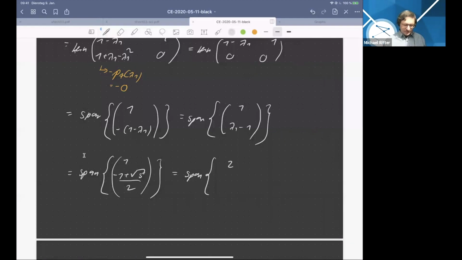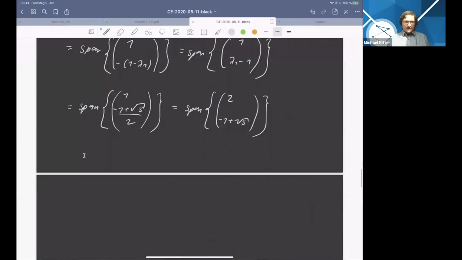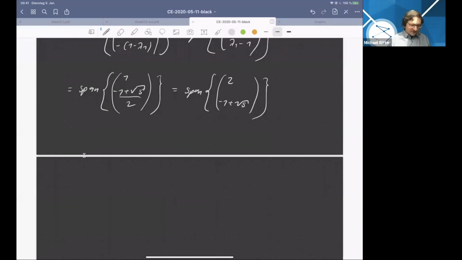So for example, we could just multiply this by 2 to get rid of that fraction here. The span doesn't change if we do that. Okay, that's the first eigenspace. And the second eigenspace works in the same way. I'm going to leave that as an example if you want to compute that. The result that you would get here is span minus 2, 1 plus square root of 5.